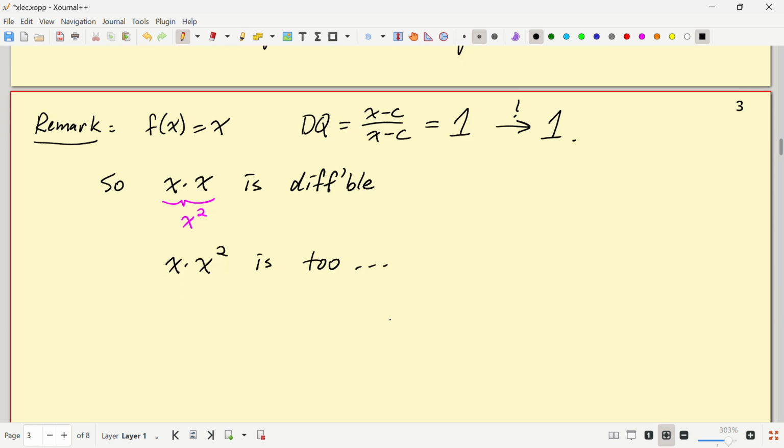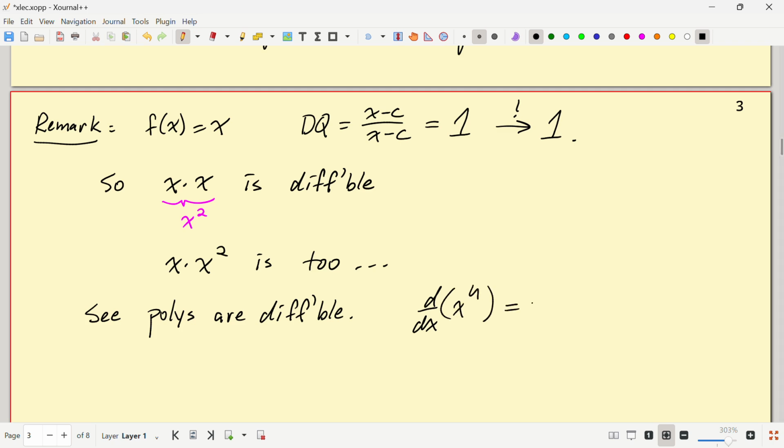So you quickly get that polynomials are differentiable. And you get the famous formulas for the derivatives. Polynomials are differentiable, and the famous formula d by dx of x to the n equals n times x to the n minus 1, etc. So that all follows from the product rule.